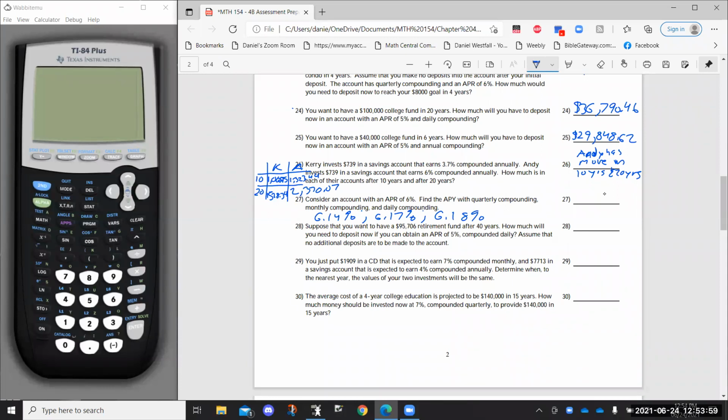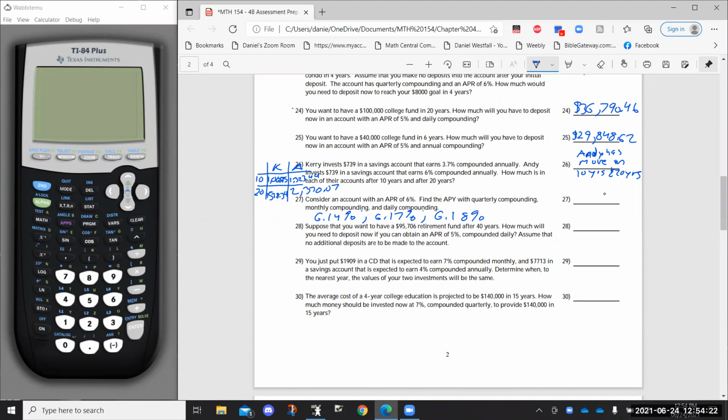Suppose that you want to have this retirement account in 40 years. How much do you need to deposit now? And they give you several different situations here. If it's going to be compounded daily, assume that no additional deposits are made into the account. So this is actually like that last set of problems that we did.